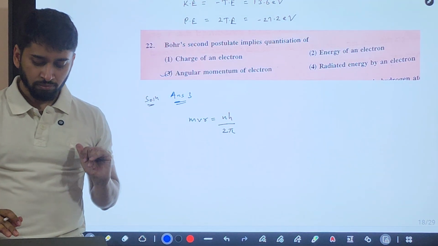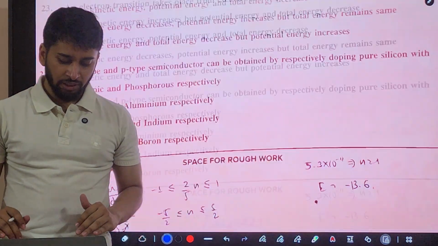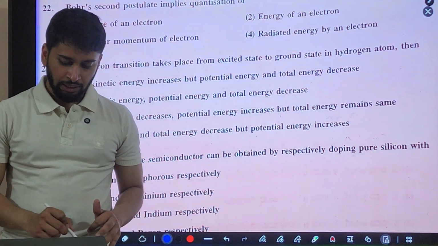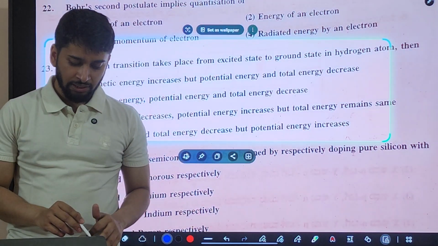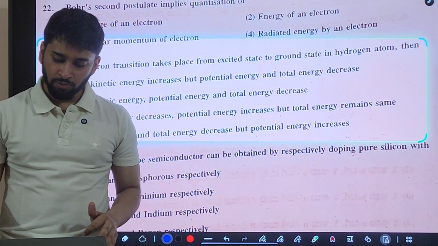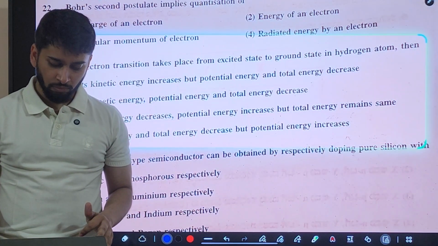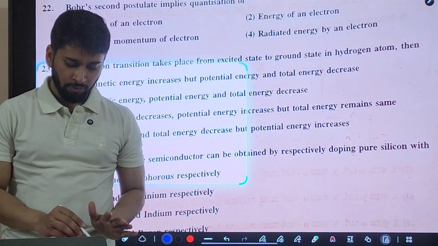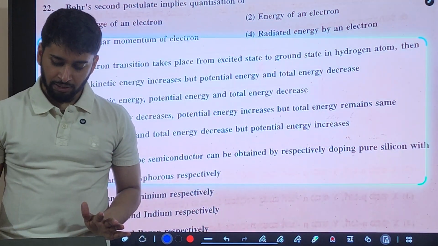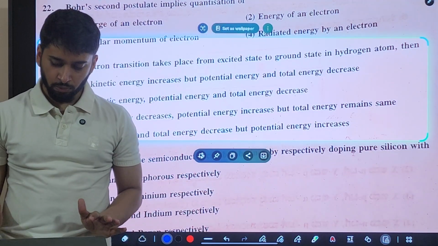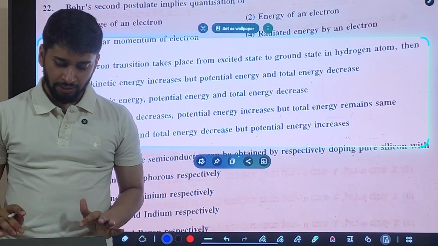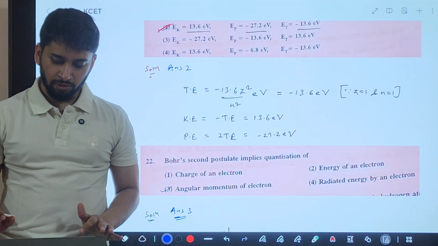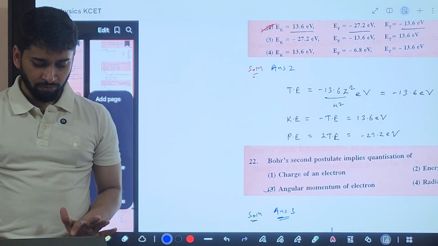Now 23. An electron transition takes place from excited state to ground state, then. We have to do a little bit of analysis here. Simple yet effective question.